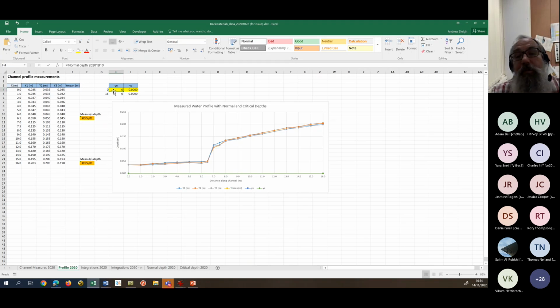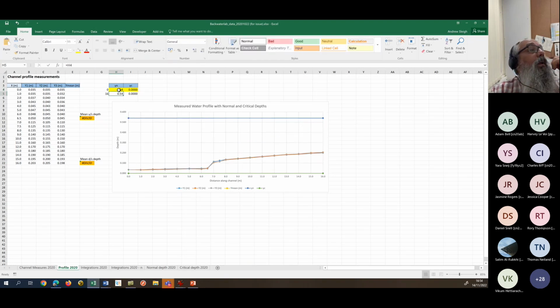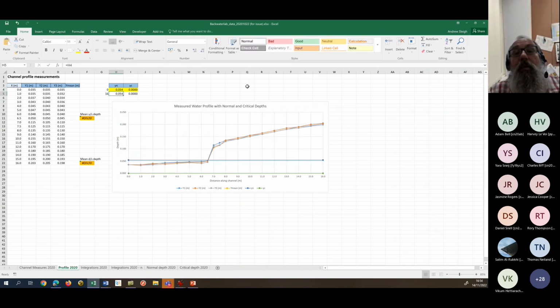Has anyone got a value for normal depth to give me? If we were to put 0.54 in there, that draws, oh, it's not right, is it? I know that. 0.54.